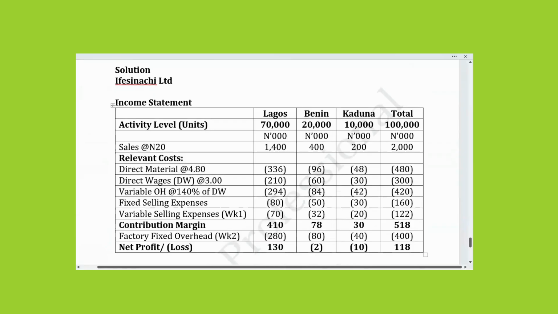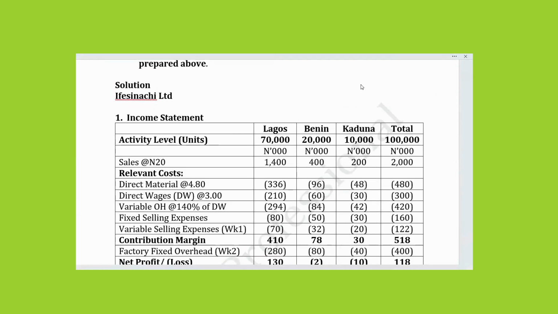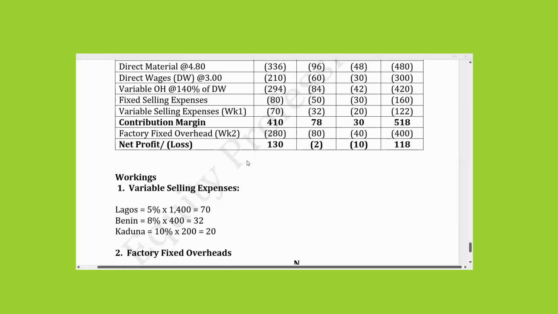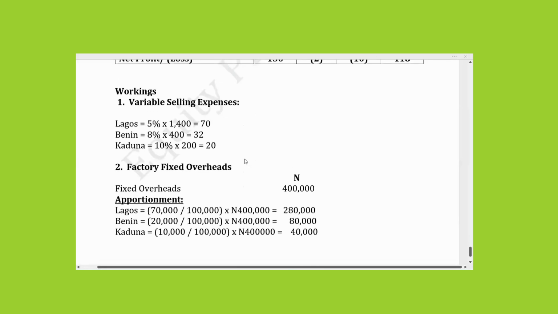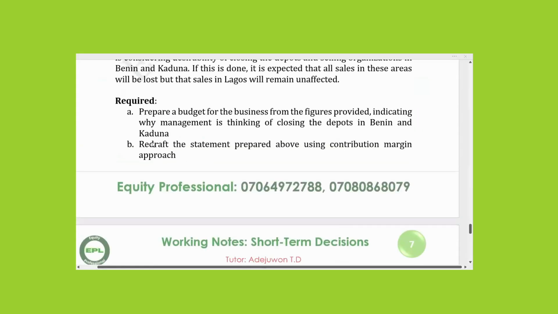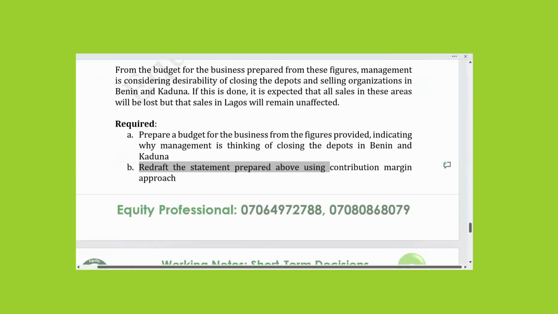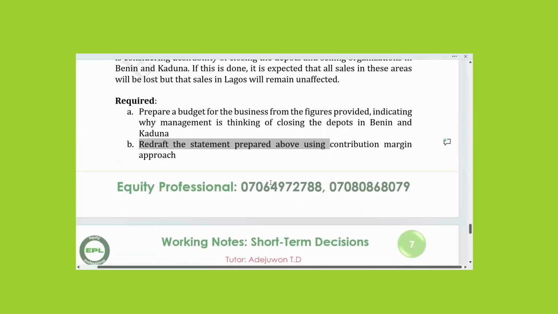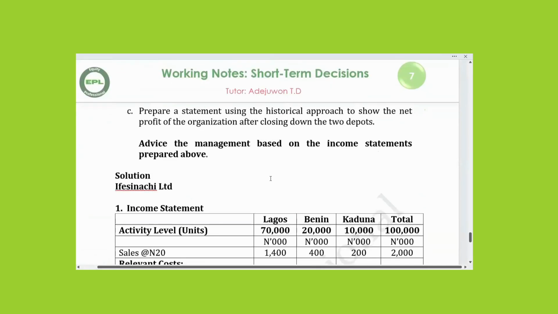Therefore, I will then come here. This is requirement. All right. So in this number B requirement of the question, examiner is asking you to redraft the statement prepared above, the statement you have prepared in number A requirement, using the contribution margin approach.